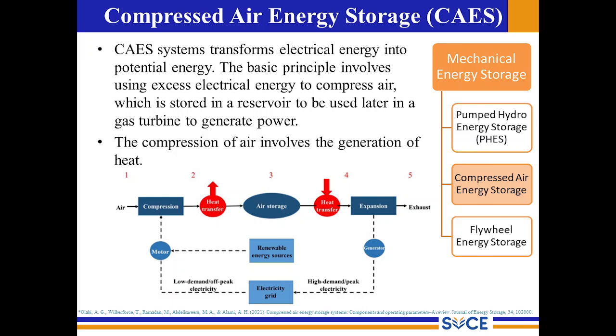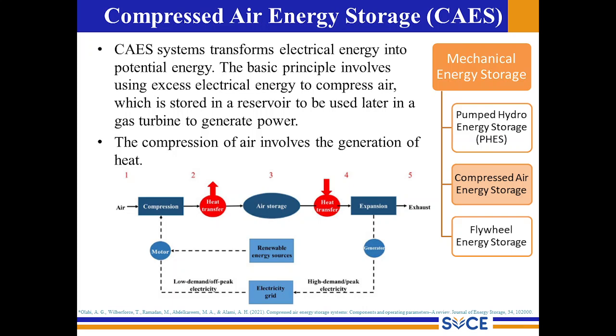The next system under mechanical energy storage was compressed air energy storage. When energy is in surplus, air can be compressed and stored as compressed air. Here it involves the production of heat during the compression cycle.